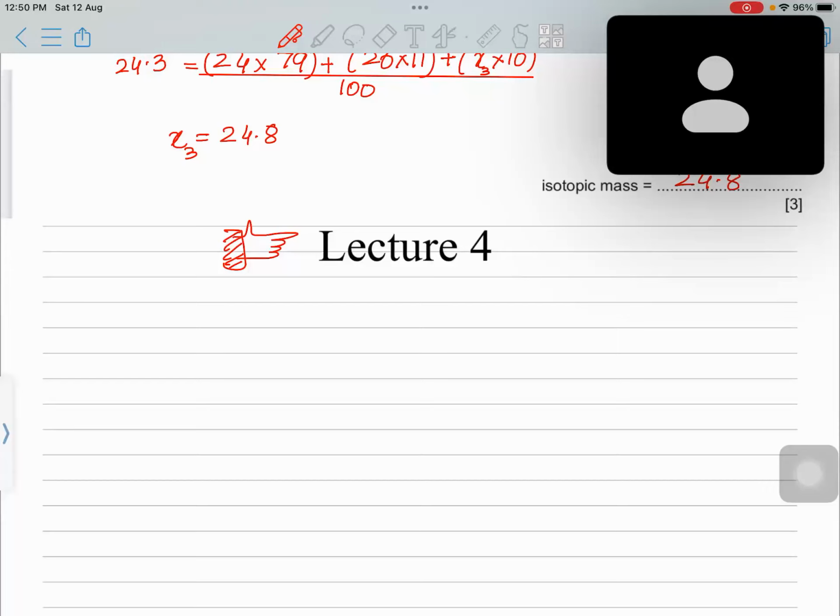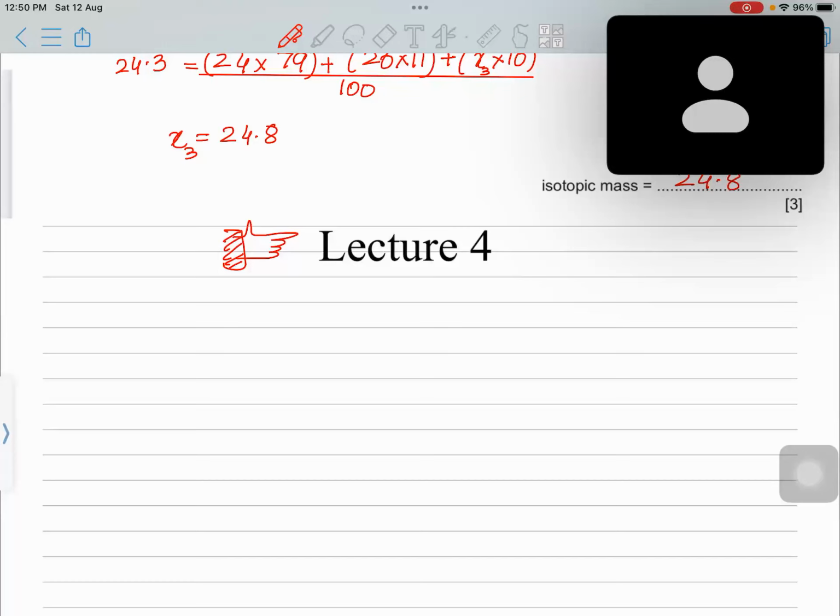Very good. So relative atomic mass is a mass which is compared with carbon-12.